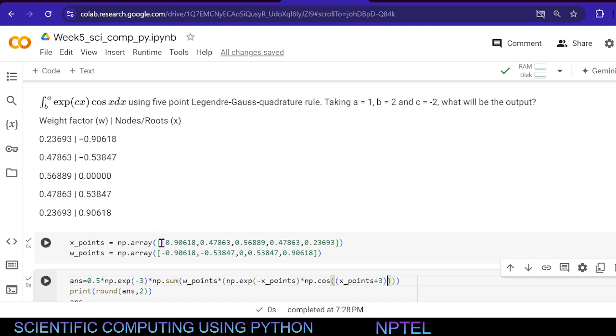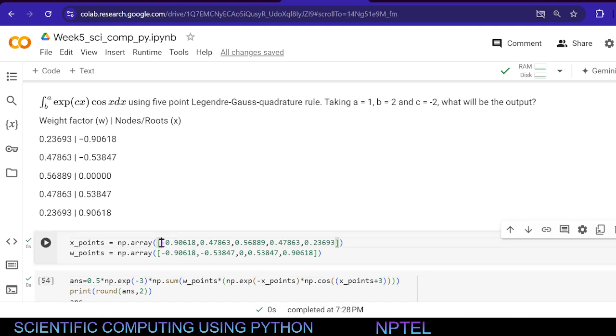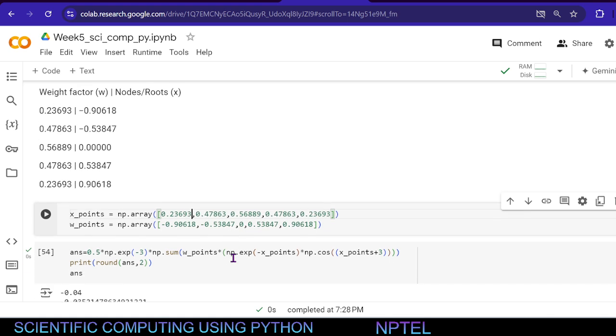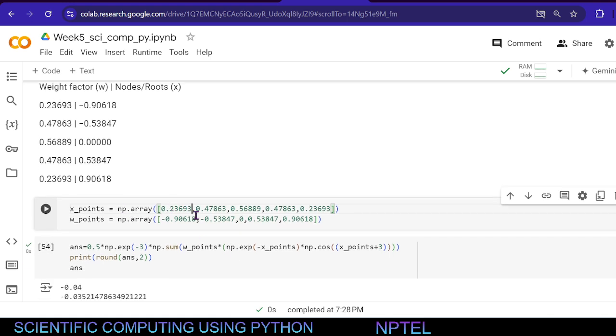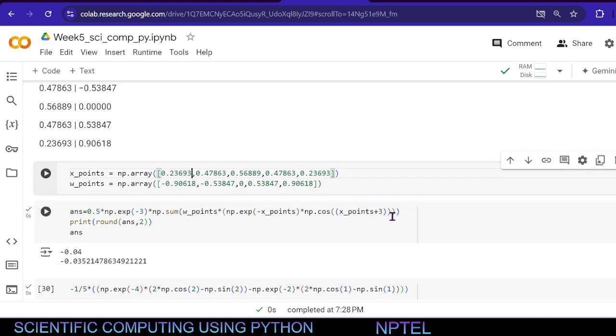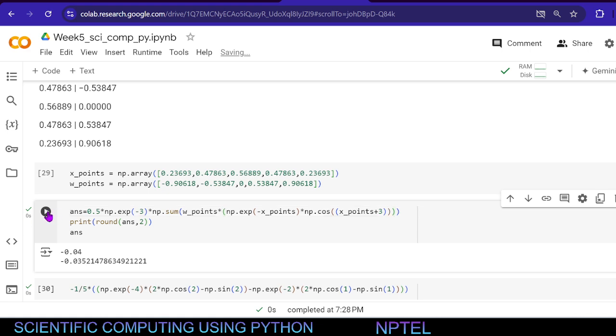Oh, I think this is a mistake, right? This should be minus 0.23693. Silly me, I wrote weight as a x point. And then I have to do here too.